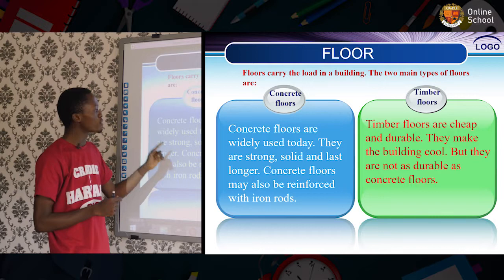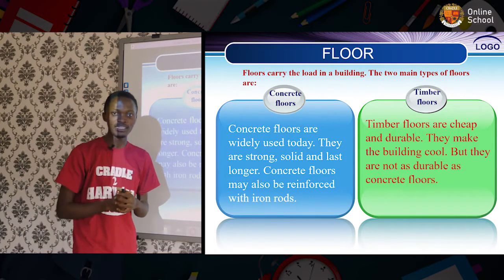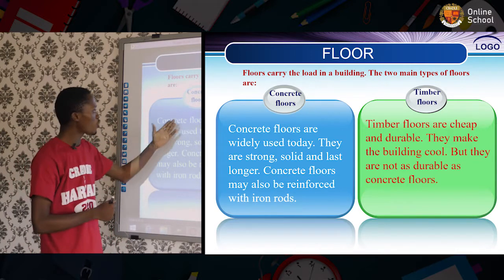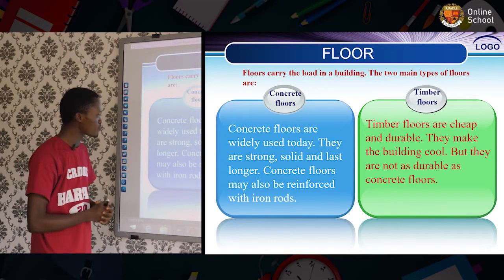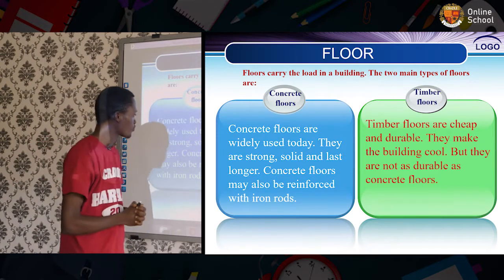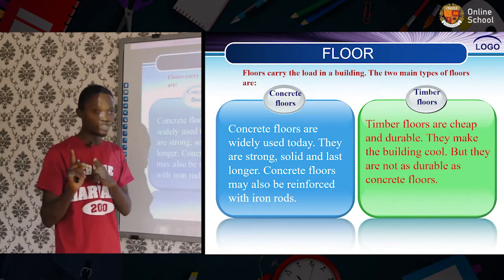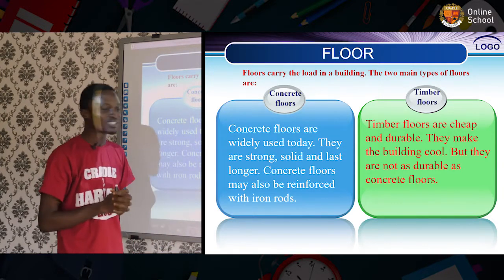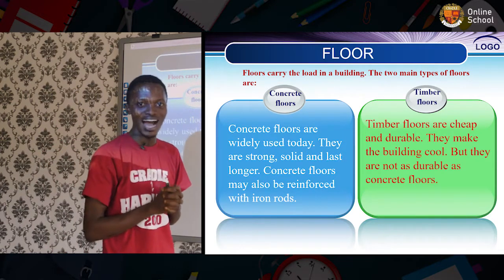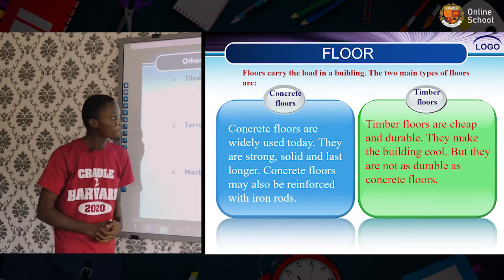For it to become reinforced, you have to add rod, and the rod is what makes it reinforced concrete. Concrete floors are widely used today. They are strong, solid, and last longer. Timber floors are cheap, durable, and they make a building cool, but they are not as durable as concrete floors. Of course, you testify to that.